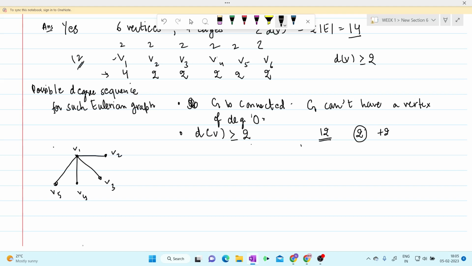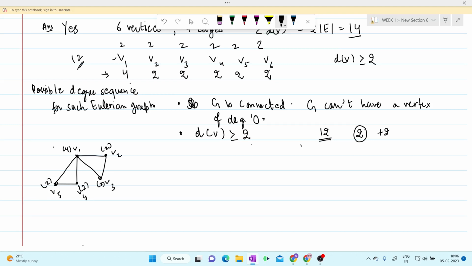Now V5 already has degree, so we can join this one. V1 already has degree 4. Now V5 has degree 2 and V4 also has degree 2. So now we see that this also has degree 2, this also has degree 2. Ma'am, this one is having 5 vertices. Yes, yeah.